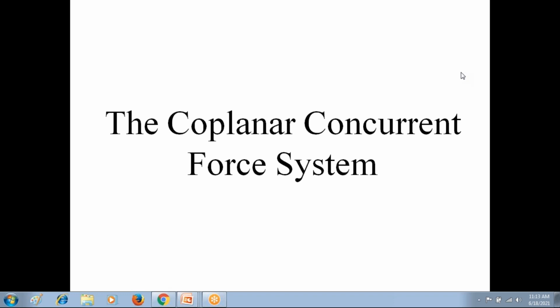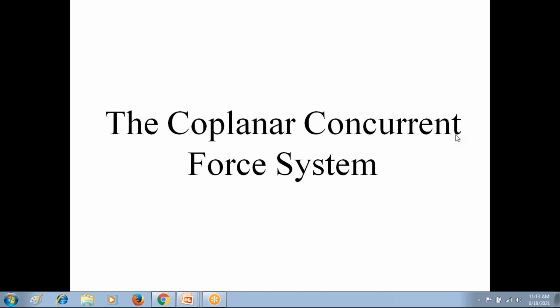Already in the previous classes, we discussed the different types of force systems. In that, I explained this coplanar concurrent force system. Coplanar means same plane. So check this title carefully. Here we have a force system. Force system means number of forces. Coplanar means same plane. Concurrent means, as I explained in the previous classes, that all the forces' lines of action pass through the same point.